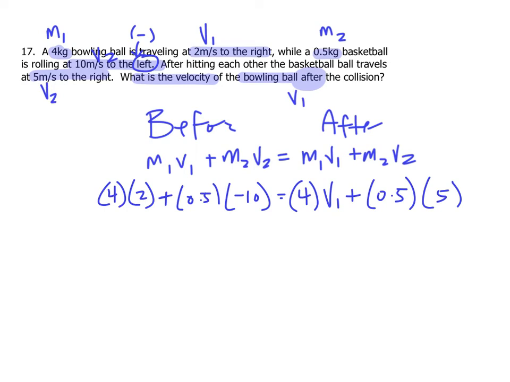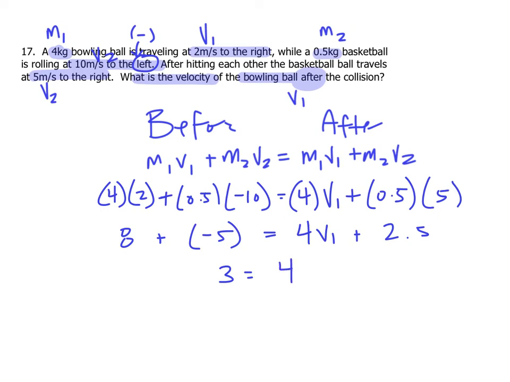All right, so let's work this out from left to right. 4 times 2 is 8, plus 0.5 times a negative 10, that is a negative 5, equals 4 times v1, that's 4v1, plus 0.5 times 5, that is 2.5. Okay, so 8 plus a negative 5 is 3.